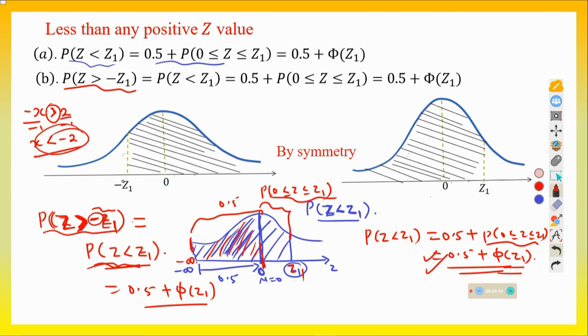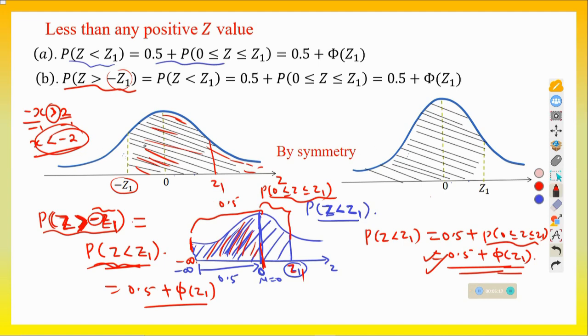So here you have negative z1, but you need the region where z is greater than negative z1. Remember, this is our z. So which region is greater than negative z1? It is this region here. The whole of this region is greater than negative z1. So this region here, by symmetry, is the same region as when you are considering the same value but a positive value z1 here.